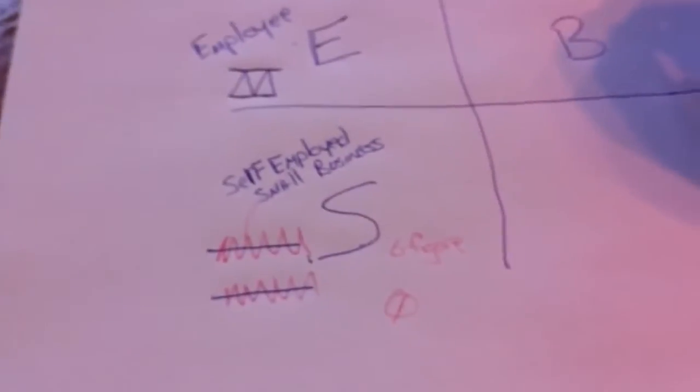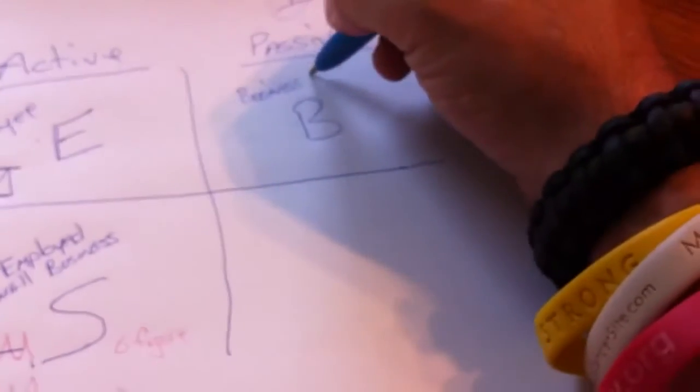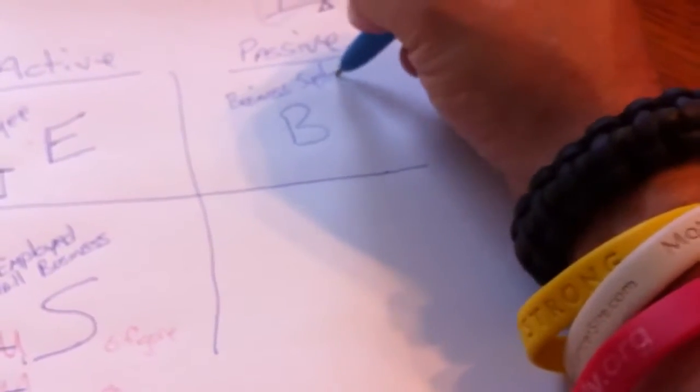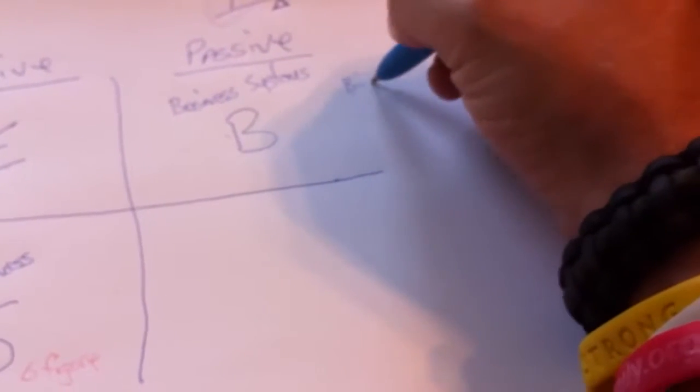The first one is what's called the B quadrant, or what we call business systems. There's actually three of them. There is what's referred to as big business.